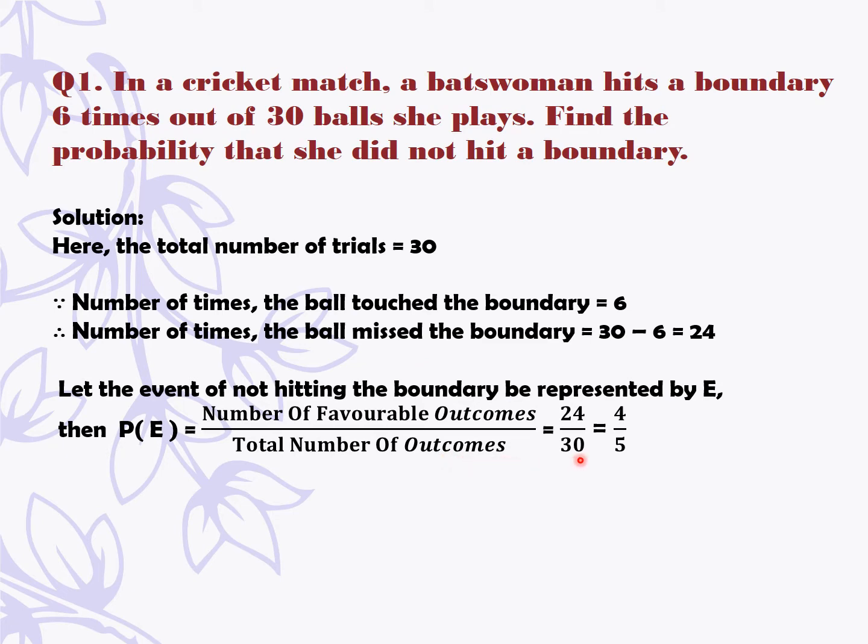So she missed 24 times, so it will be 24 in the numerator, and the total number of balls played was 30. Therefore, the probability of this particular event is equal to 24 by 30, that is equal to 4 by 5. Hence, we can finally write the answer.